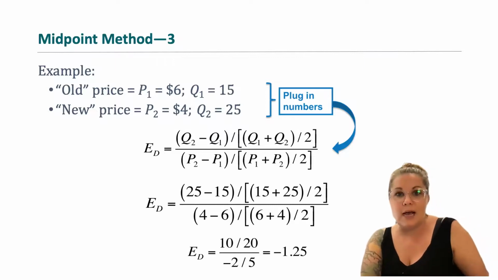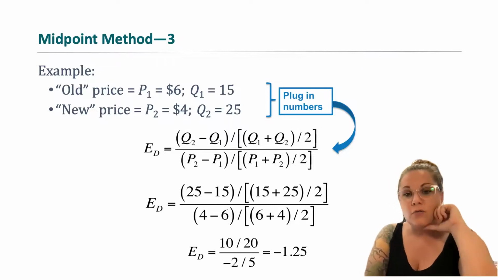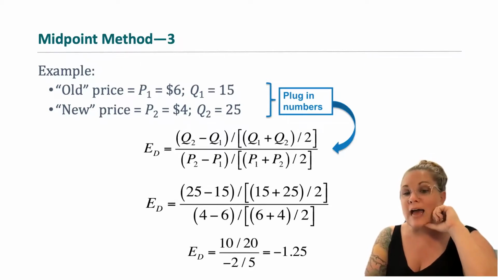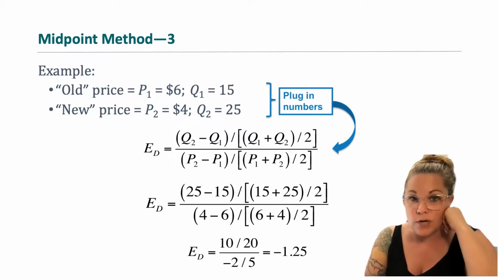This number is 10. The change in quantity goes from, the new one is 25, the old one's 15, so that number is 10. Now we divide that by the average of these two numbers, the average of 15 and 25.